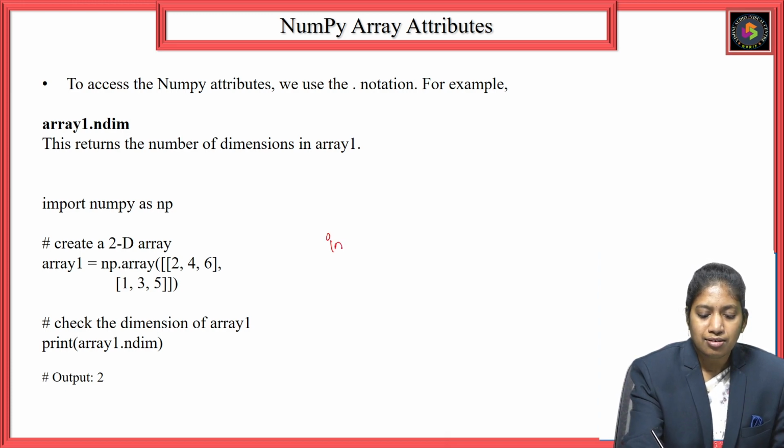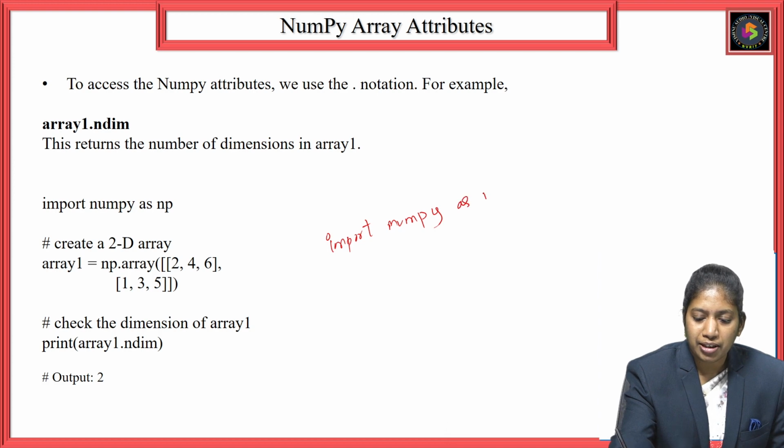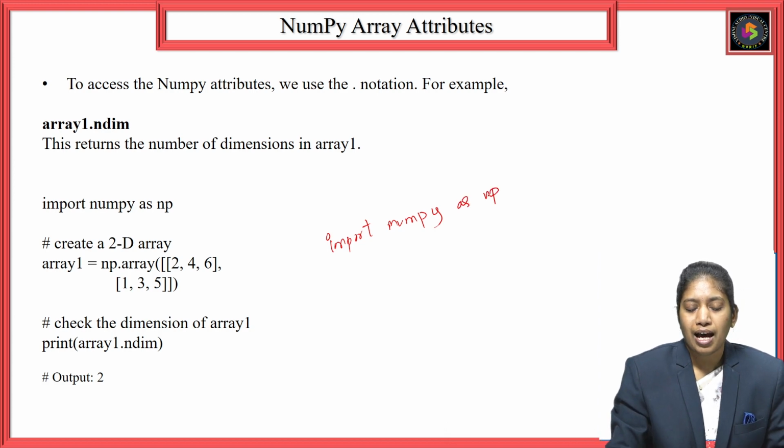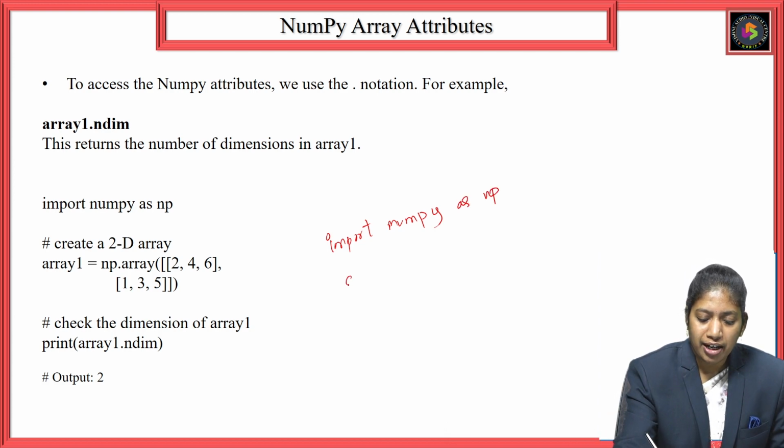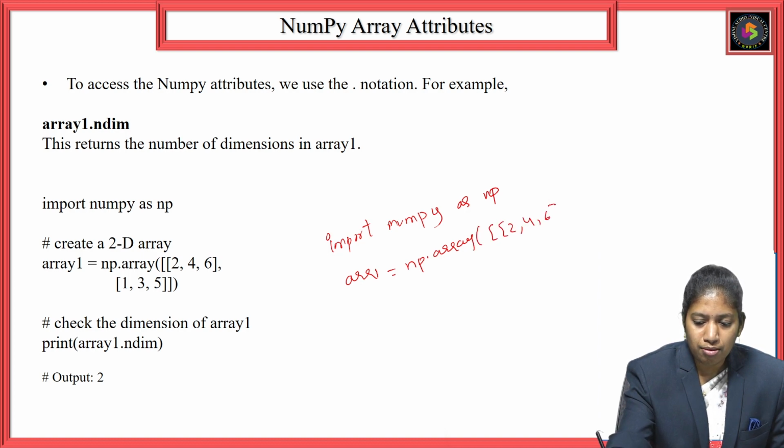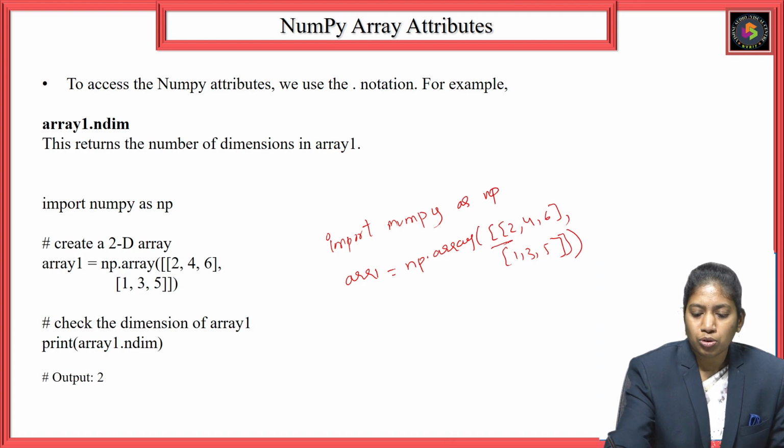This attribute is available in NumPy, so I need to import NumPy, giving the alias name np. Then I create an array: arr1 equals np.array, and I give a two-dimensional array, 2, 4, 6 and 1, 3, 5.